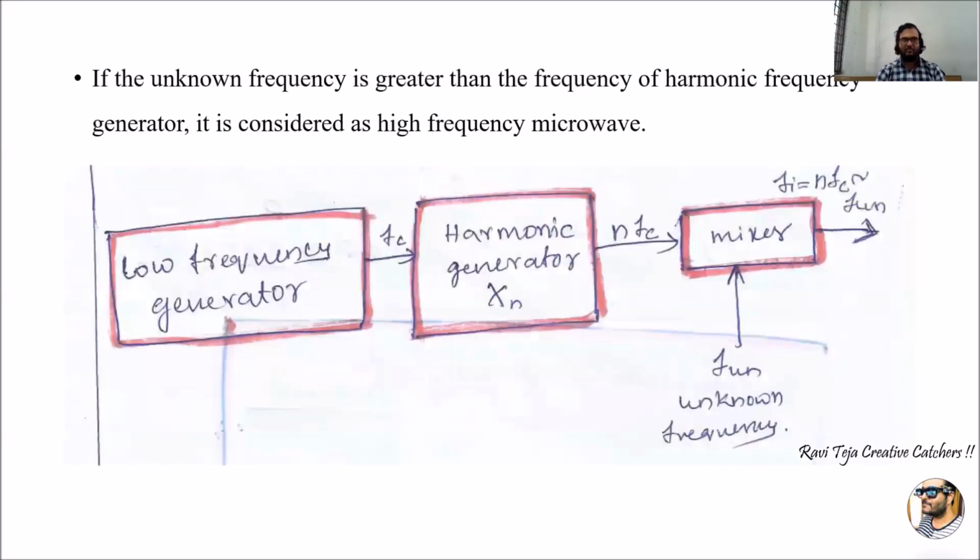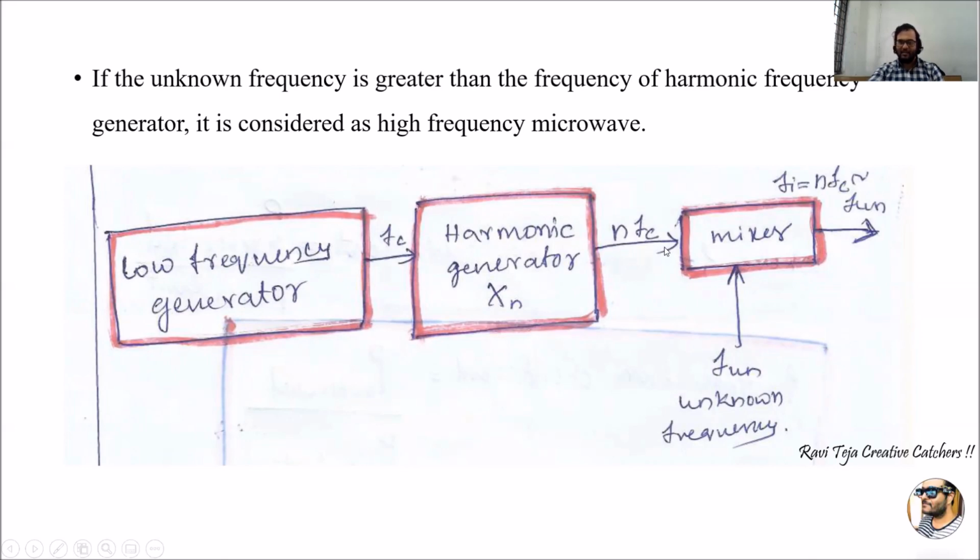Now, if the unknown frequency is greater than the frequency of the harmonic frequency generator, it is considered as high frequency microwave. So let us see here. This is a low frequency generator, which we call FC, and we have a harmonic frequency generator, which we call XN. The combination of this is N into FC.